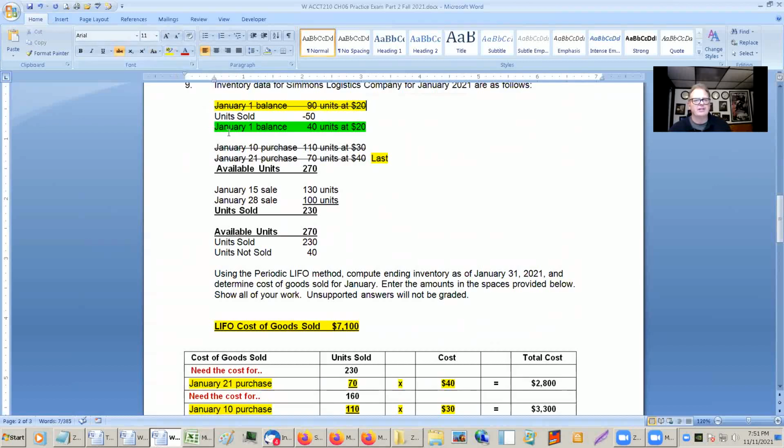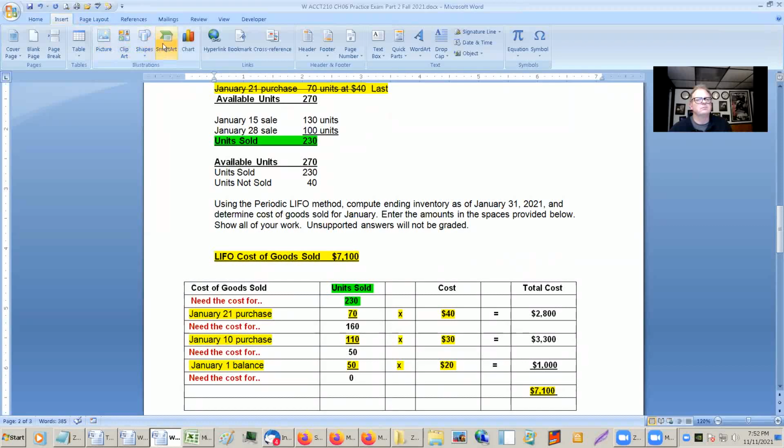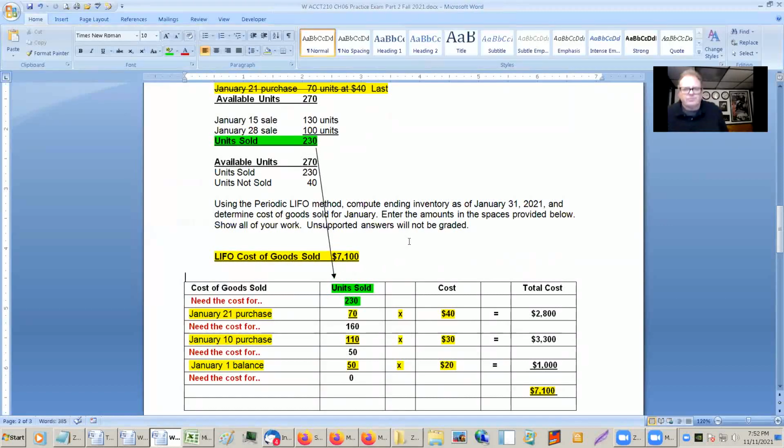We didn't highlight these like I should have. Okay. So coming down here, the last one in is the first one sold. So the same 230. You can find the cost for them.